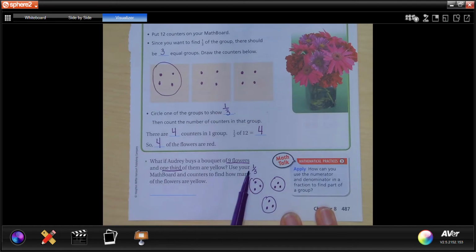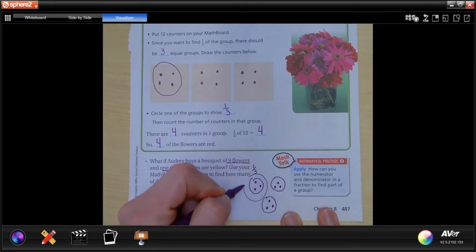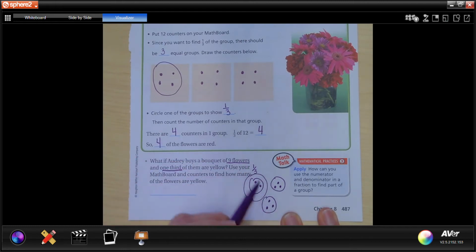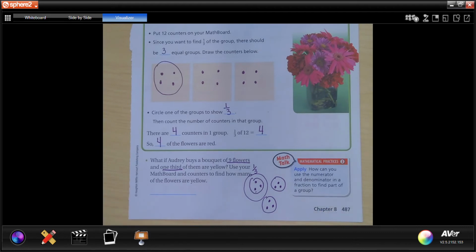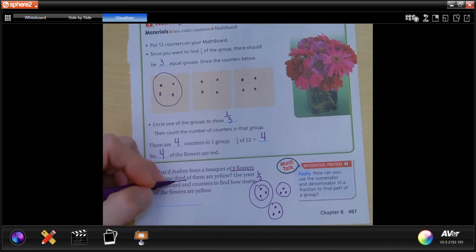So if one of 3 groups is yellow, how many are in this one group? 1, 2, 3. We have 3 flowers.